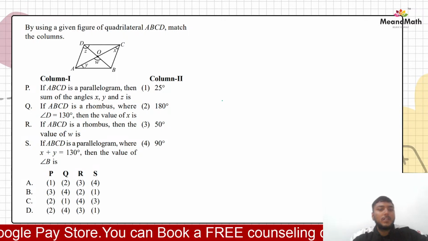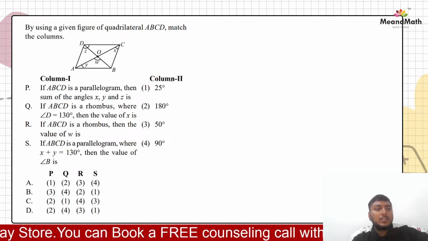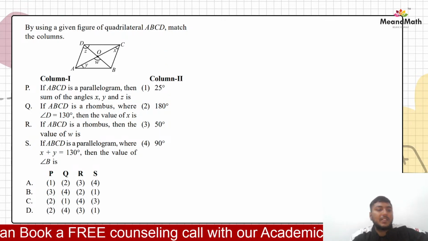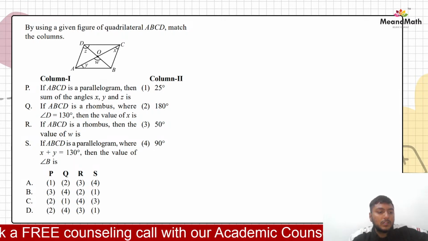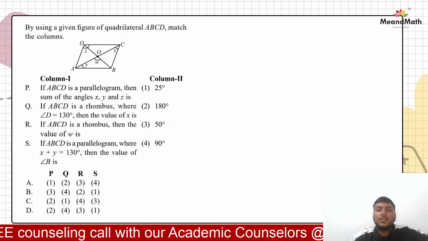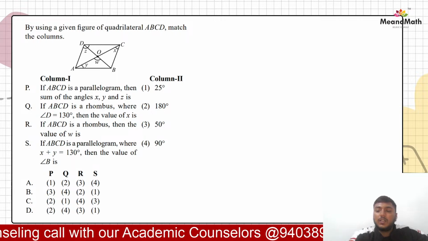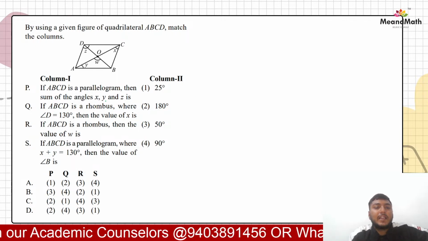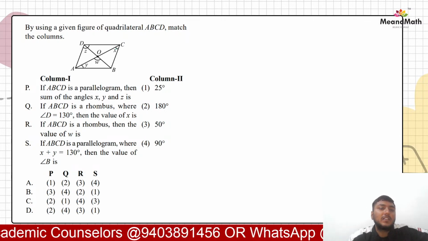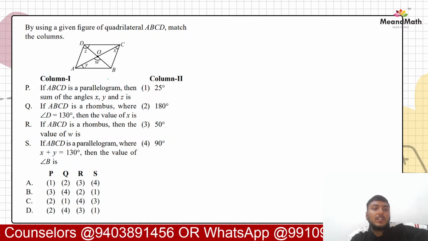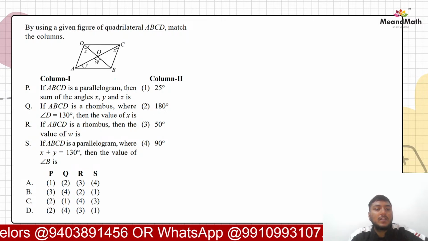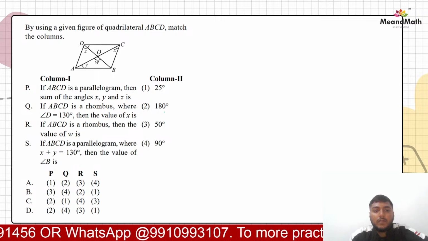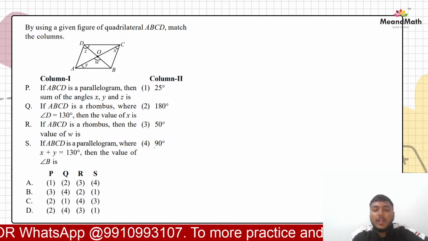So how will we do this question, right? If ABCD is a parallelogram, the first option: then the sum of angles X, Y, and Z is what? The options are 125, 180, 50 degrees or 90 degrees.